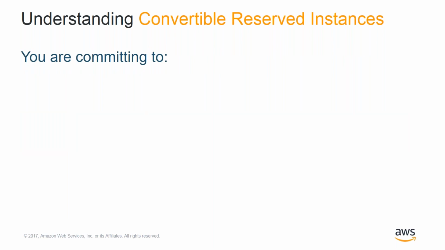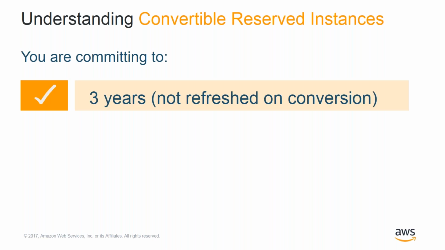And so on the other side of the coin, you might be asking, okay, what are you actually committing to then? You are committing to 3 years or 1 year with the new option, and it's not refreshed on conversion. So for example, if you used 2 years up of your 3 years and you do the conversion, you still only have 1 year remaining. It doesn't pad the extra years on top.